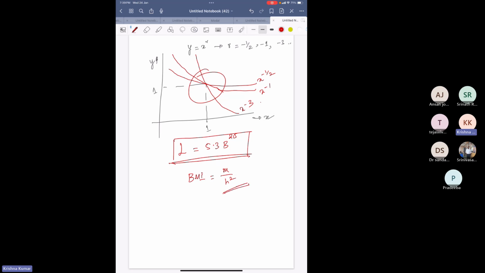Okay, and the interpretation becomes very interesting in which case, right? So minus power, it would be somewhere between the two. Okay, so now x becomes h, r becomes minus 2, and there's a constant m to it.